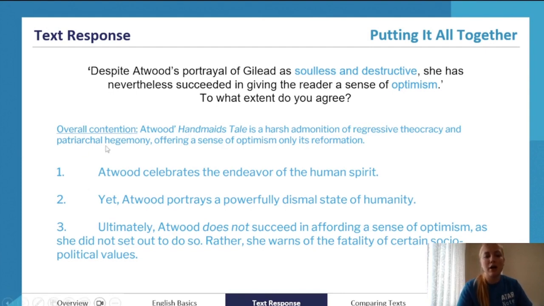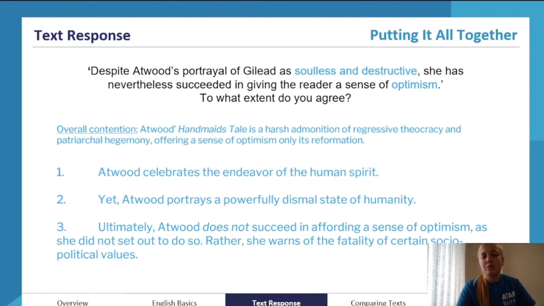So we say that this is part of the patriarchy that Atwood depicts, where we see men are in power. And an admonition of a regressive theocracy, that basically means theocracy is a belief system. Regressive means that it's moving backwards, it's becoming regressive rather than progressive or modernized.